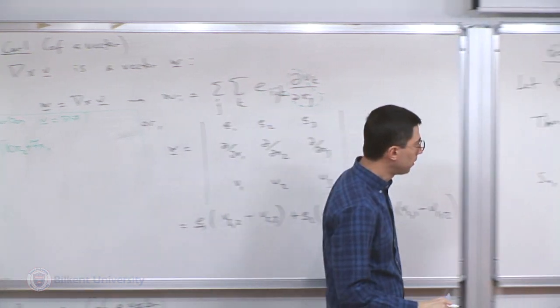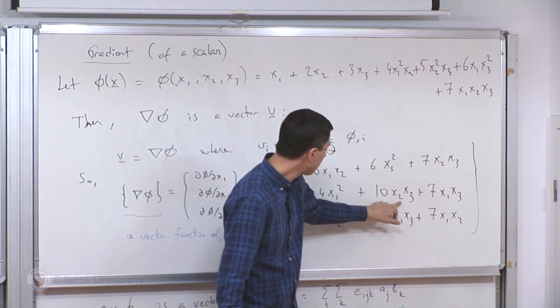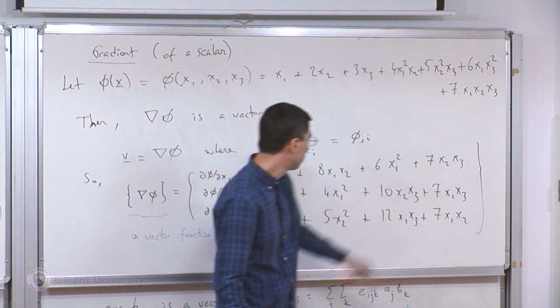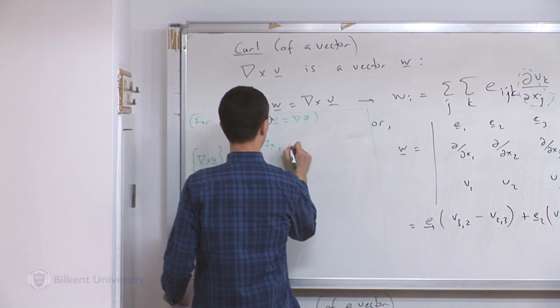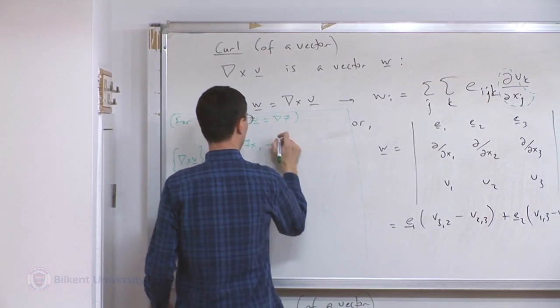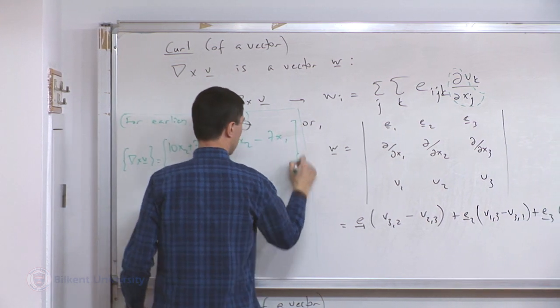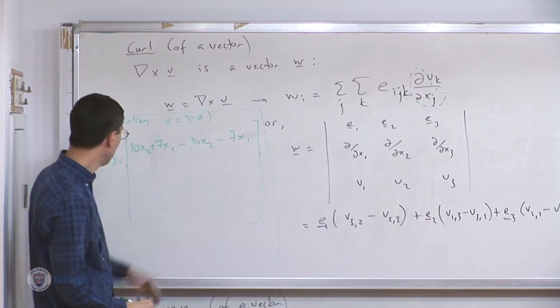Minus V2, comma 3. This with respect to 3. So 10x2 plus 7x1. There's a minus sign, so I put a minus in front of both of them.